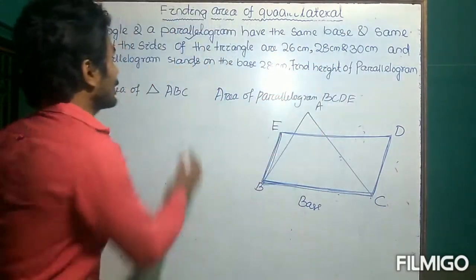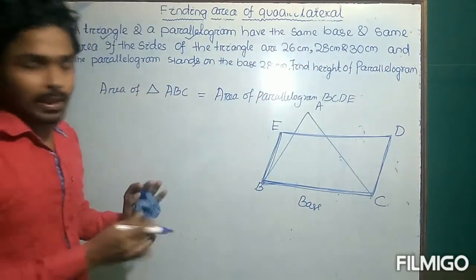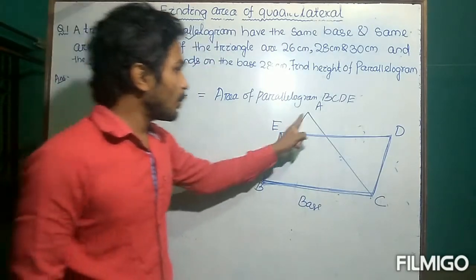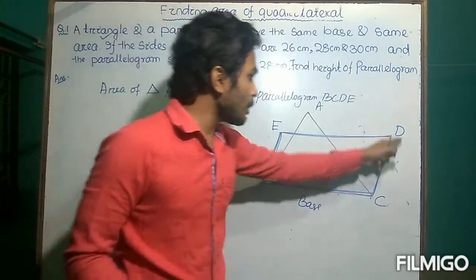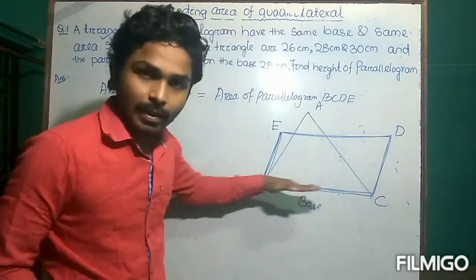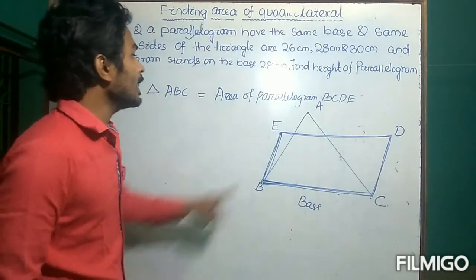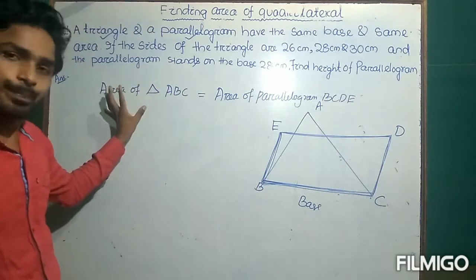Okay, this is the condition. So the first condition is that both the triangle as well as the parallelogram stand on the same base. They have the same base and they have the same area.